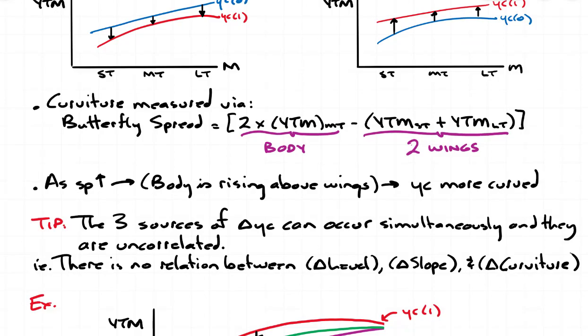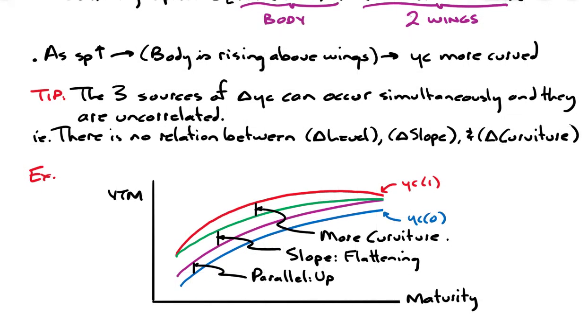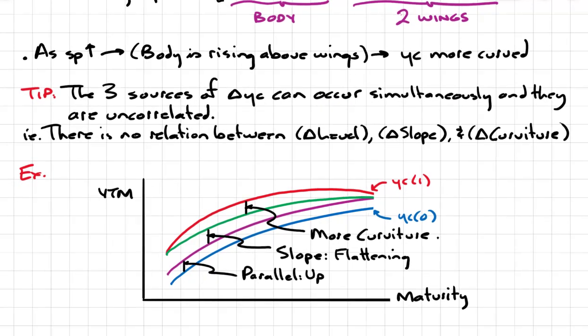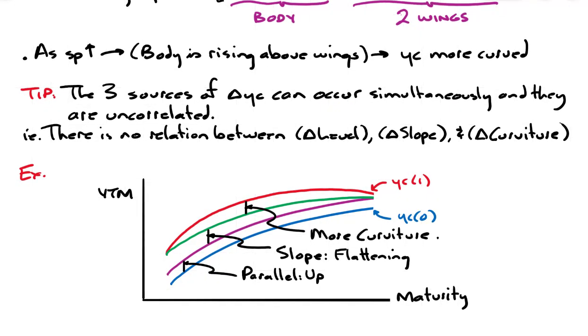Now, tip, these 3 sources of change in the yield curve can occur simultaneously, and they are uncorrelated. In other words, there's no relation between change in level, change in slope, and change in curvature. So over here, I show a demonstration of how you can have all these categories of changes occurring simultaneously. So let's build this from the ground up.